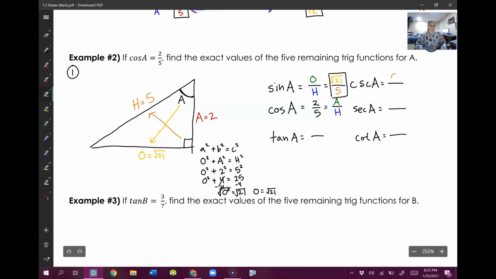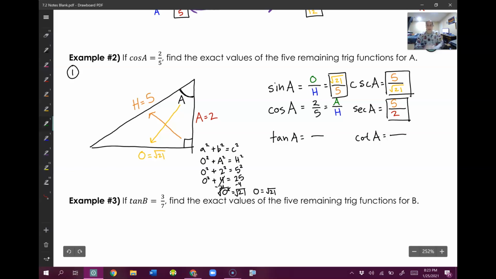So instead of square root of 21 over 5, it's going to be 5 over square root of 21. Okay, next, I know that my cosine is 2 over 5, so my secant should be it flipped, 5 over 2, because secant and cosine are paired together.